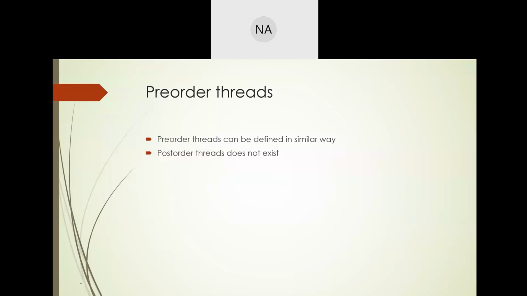In the left pre-threaded binary tree, the left pointer of the node points to the pre-order predecessor. And the same way, in the right pre-threaded binary tree, the right pointer will point to the pre-order successor. So pre-order threads can be defined in the same way. Okay, there are no post-order threads.